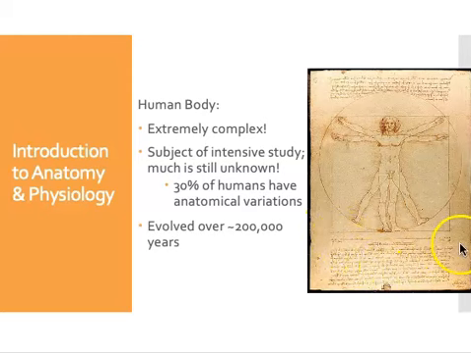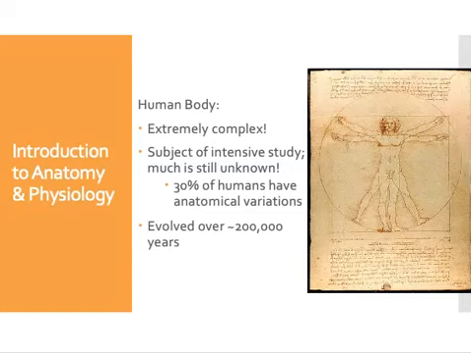Da Vinci was fascinated with the anatomy of man, as were many other scientists and artists of his day. We've been studying anatomy and physiology for millennia now. And believe it or not, we still don't know everything there is to know about the human body. New discoveries are being made all the time.